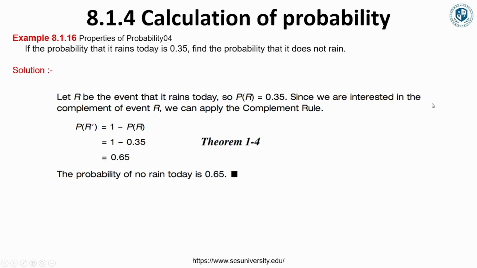Since we are interested in the complement of event R, we can apply theorem 1.4, the complement rule. The probability of R complement equals 1.0 minus the probability of R, which is equal to 0.65. The probability of no rain today is 0.65.